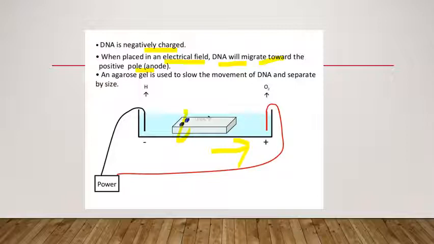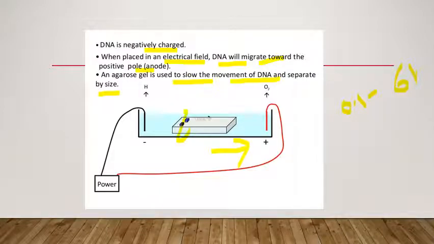The agarose gel is used to slow the movement of the DNA and allow it to separate by size. The voltage applied here is 0.126 kilovolts.